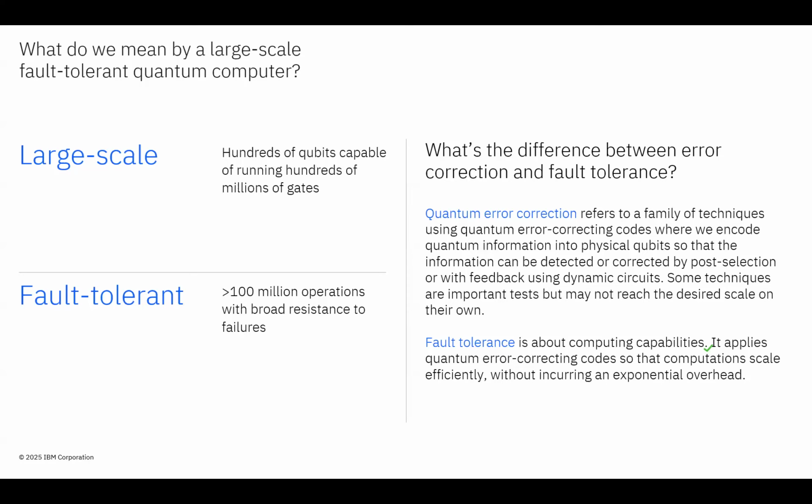And next one is, of course, fault tolerance: computing capabilities and adding the possibility to apply the quantum error correcting code on the computation scale, so as to show and prove efficiency and possible advantage in this space. So how do we want to achieve it?